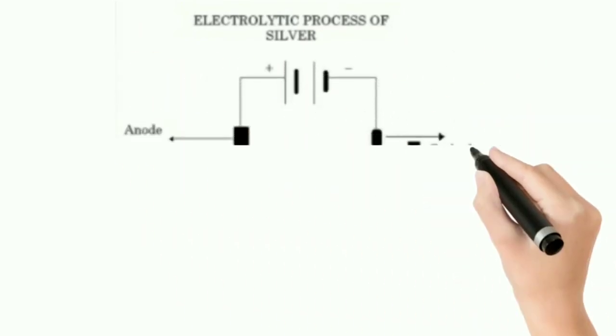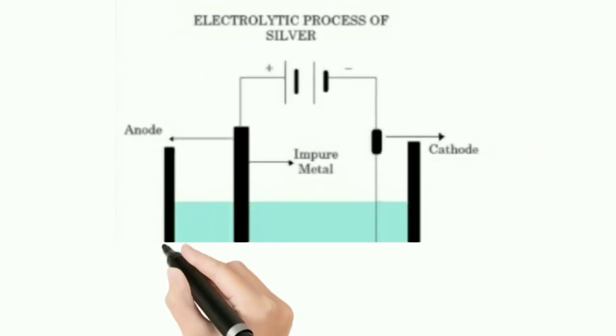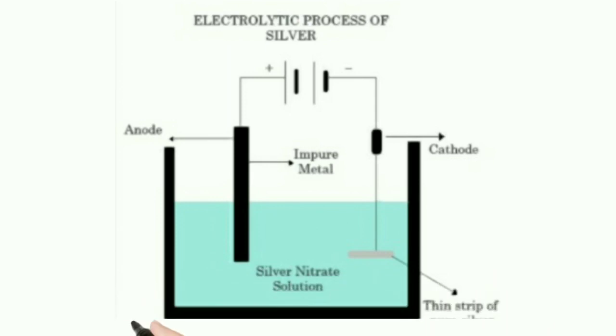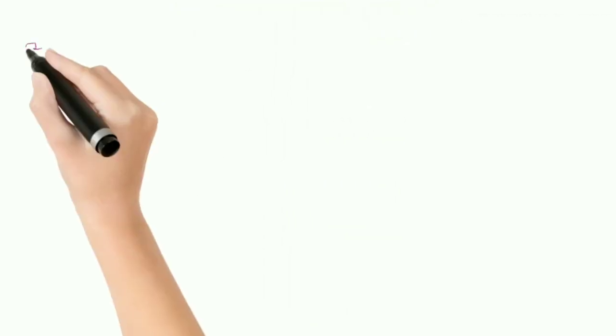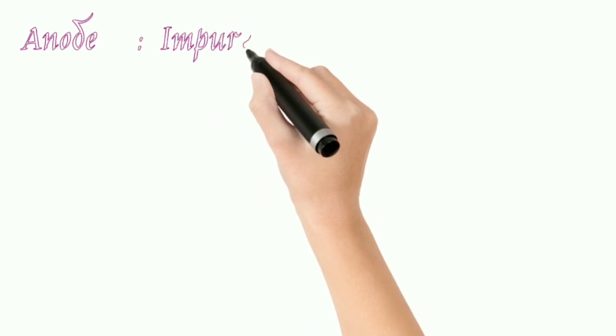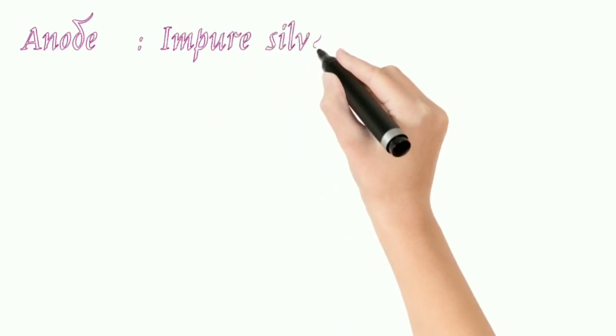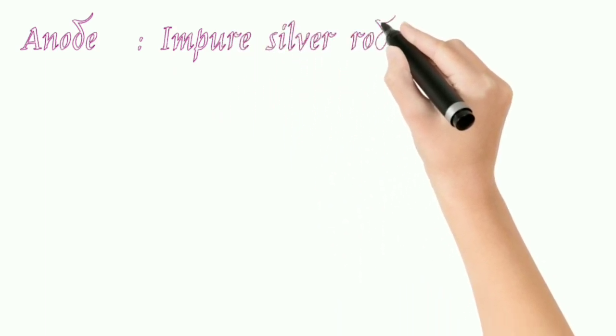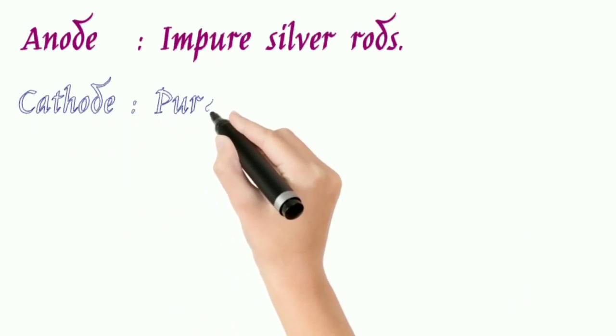So now the point is electrolytic refining of silver. The same process we have to do with silver here. Anode is impure metal, that is impure silver, and cathode is pure silver electrode, you have to take it out. So the electrolytic solution, let's see. Anode, what do we have to take? Anode is an impure silver rod you have to take.